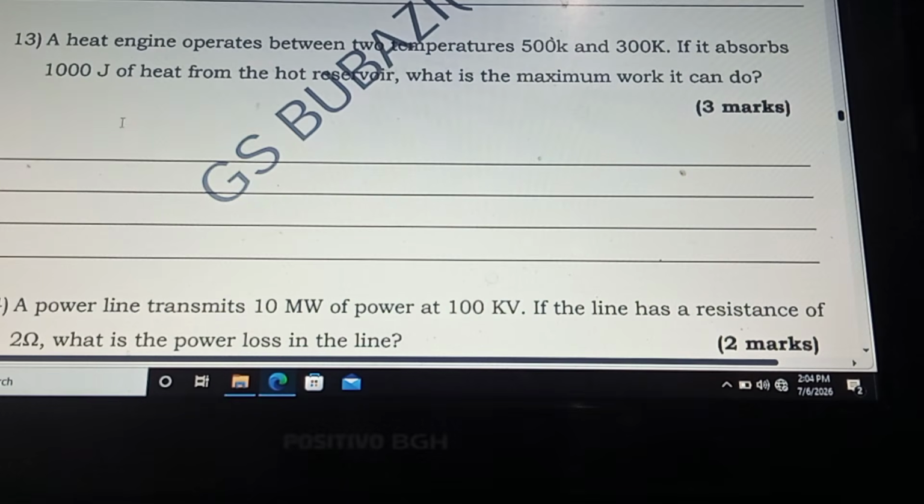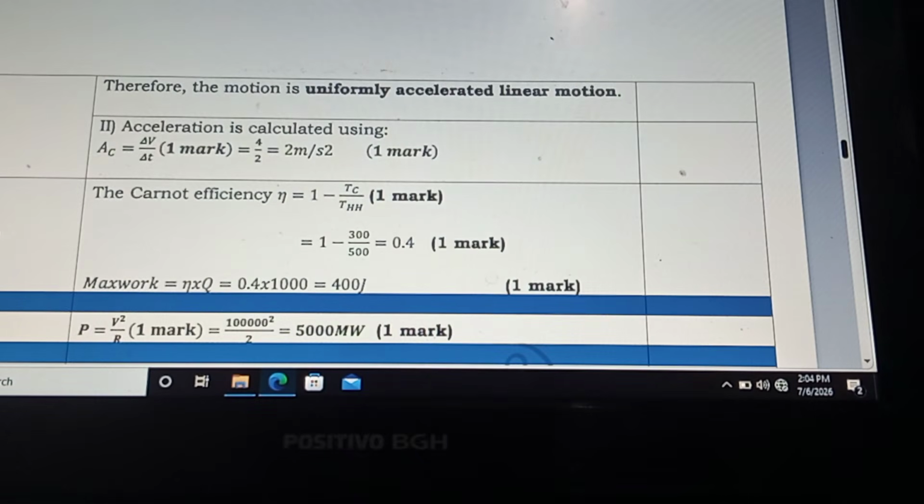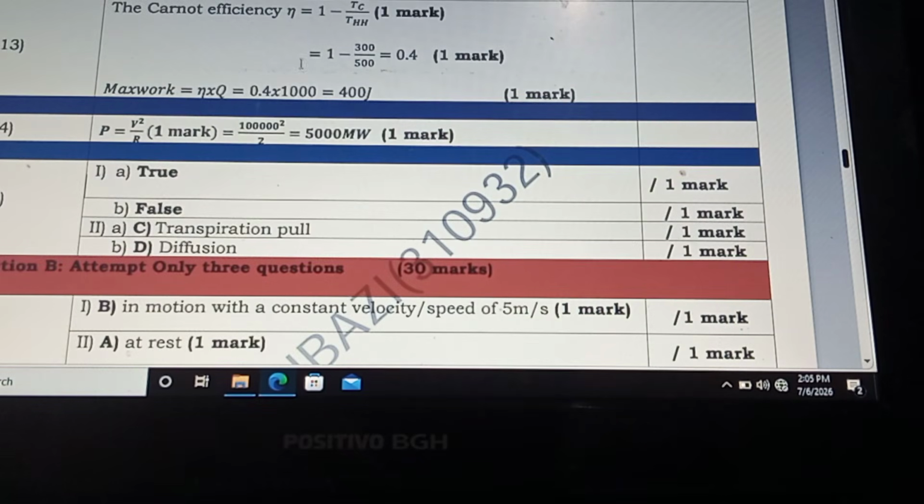This is the question 13. This is the solution of question 13.